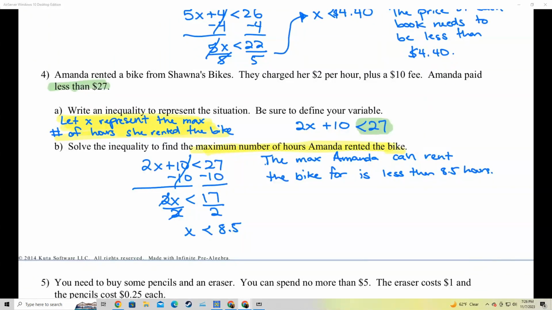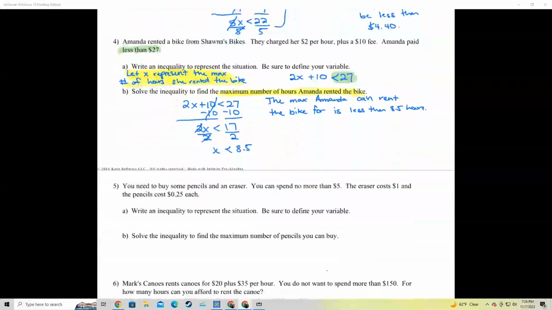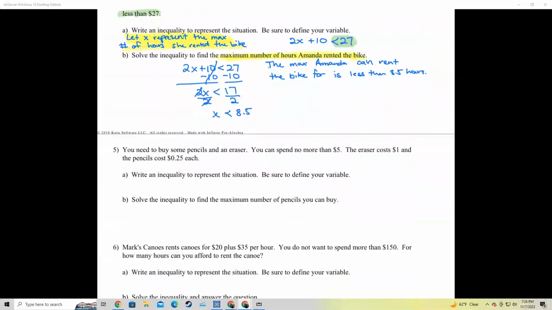Any number less than 8.5 hours, she's going to be able to spend less than $27.